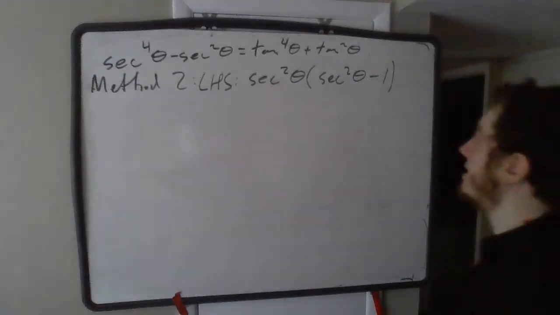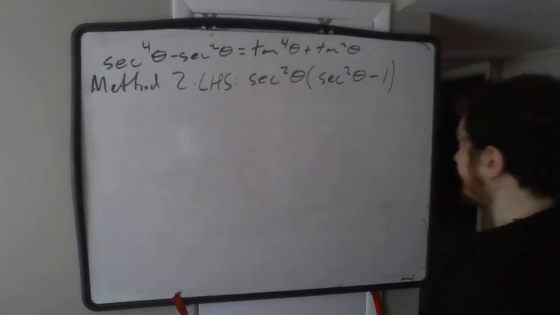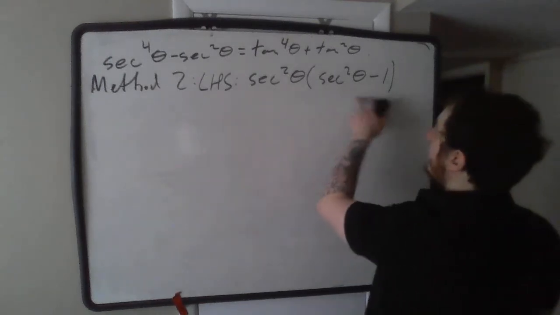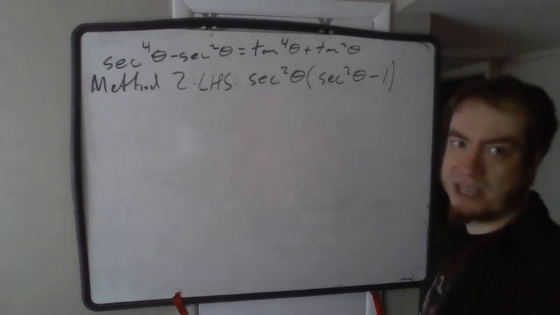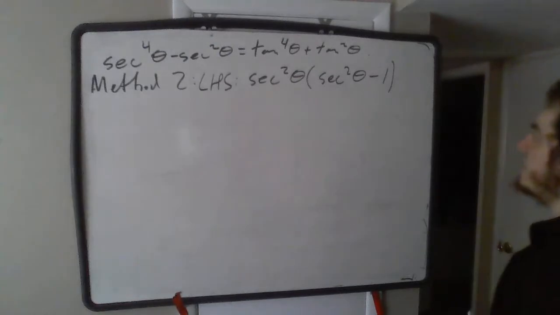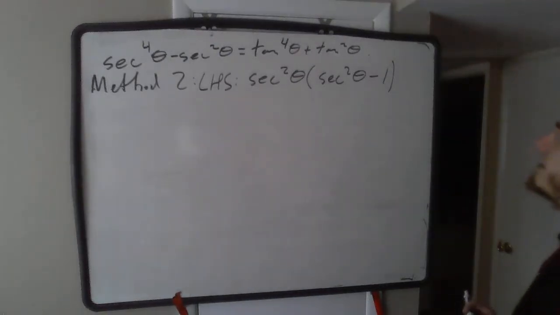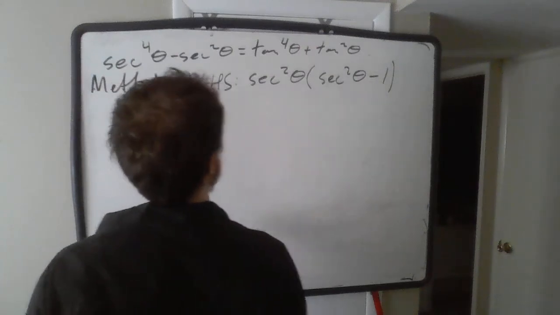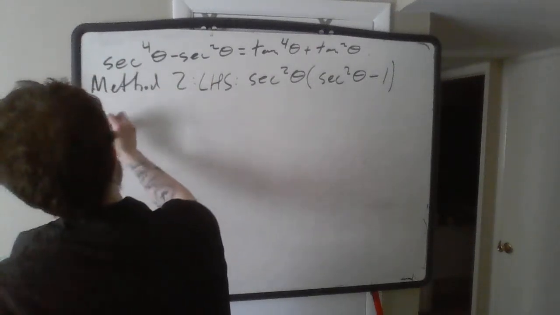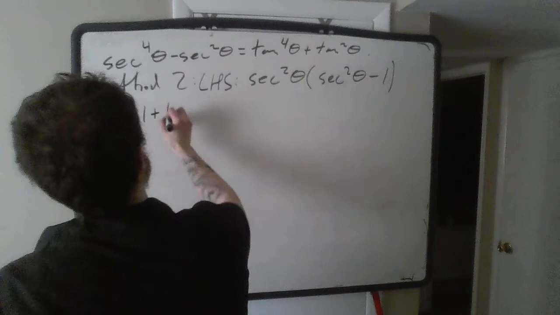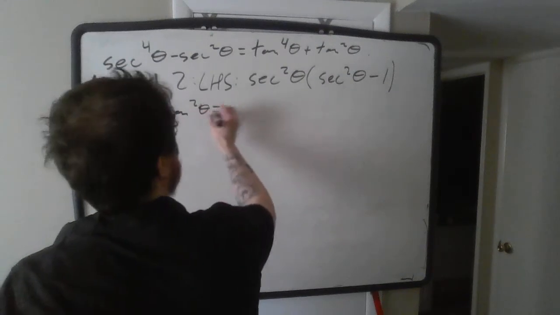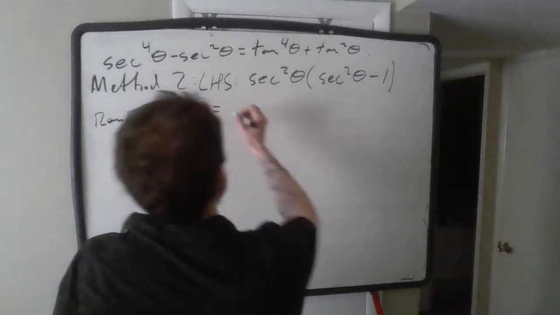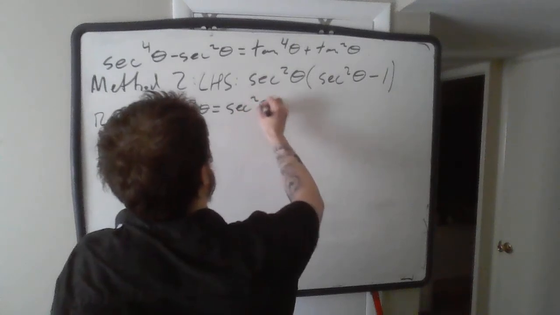Okay, so now what can I do? Well, it turns out that this is actually a Pythagorean identity kind of thing. How do we get that? Well, remember that 1 plus tangent squared theta is equal to secant squared theta.